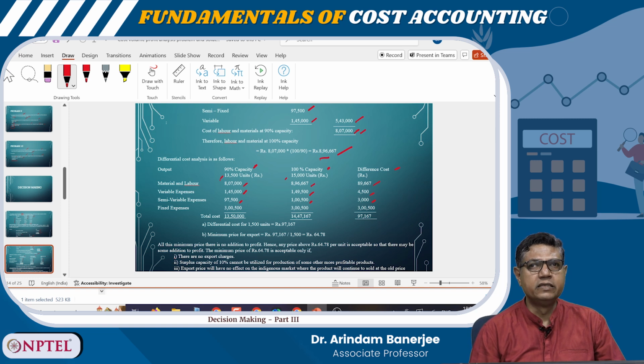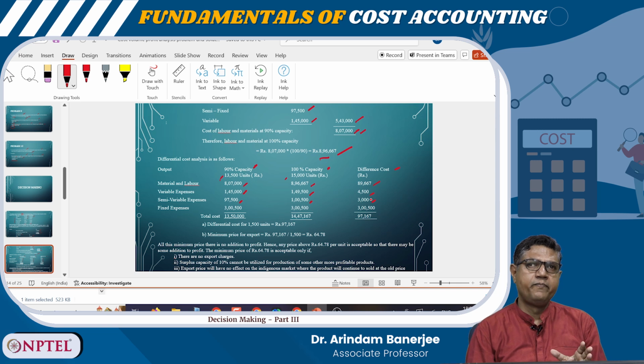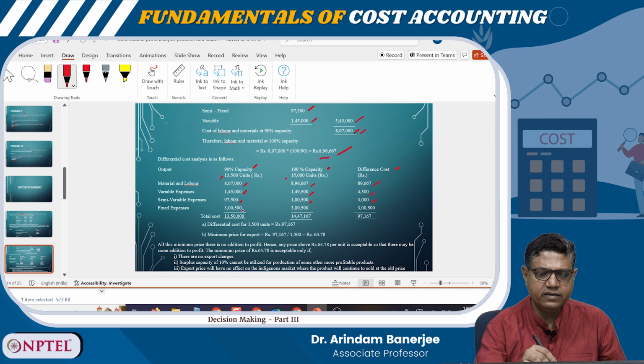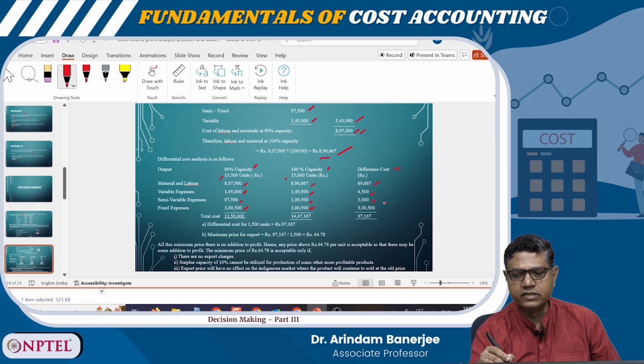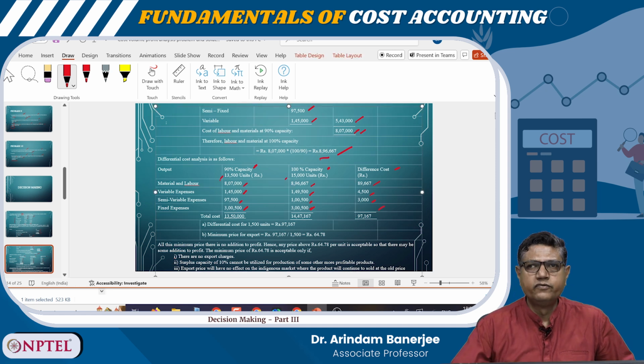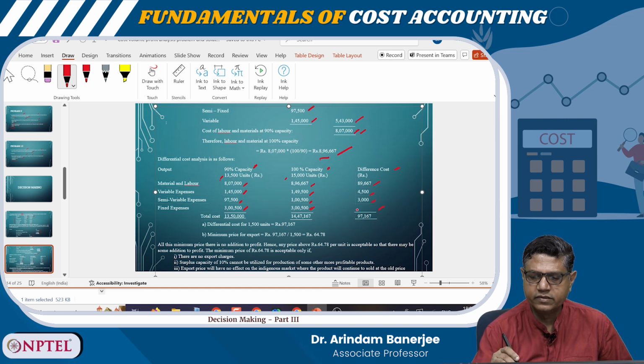For fixed expenses, this will not change. The fixed expenses will remain the same up to 100% capacity. So, fixed expenses I am taking 3,05,000 here and 3,05,000 here. So, the differential cost here will be 0.